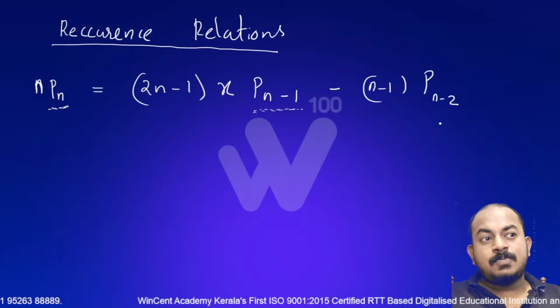We have to learn by heart these first two recurrence relations, and the next two recurrence relations are given by (2n plus 1) times Pn equals Pn plus 1 prime minus Pn minus 1 prime, and (n plus 1) Pn equals Pn plus 1 prime minus x into Pn prime.